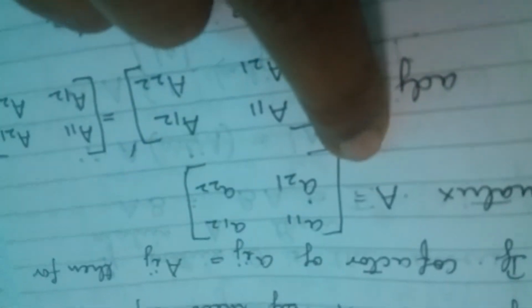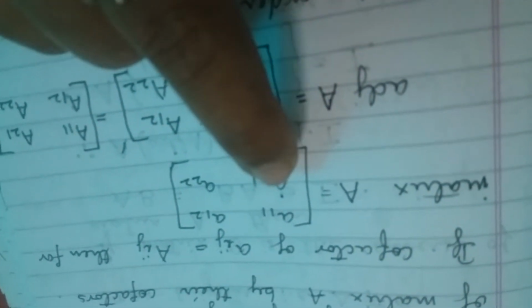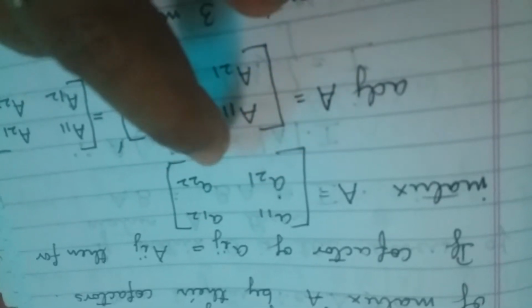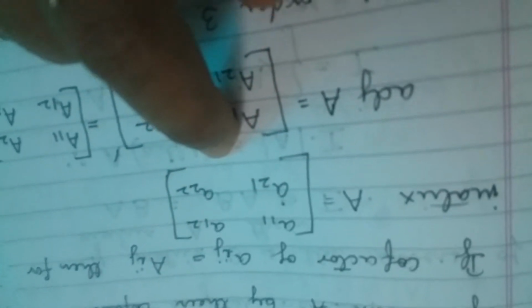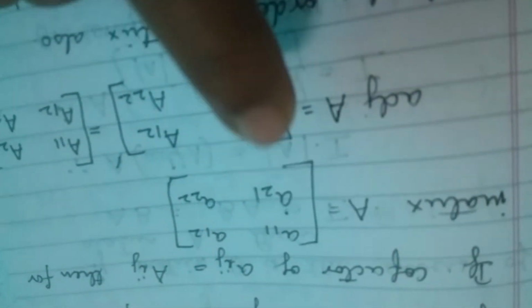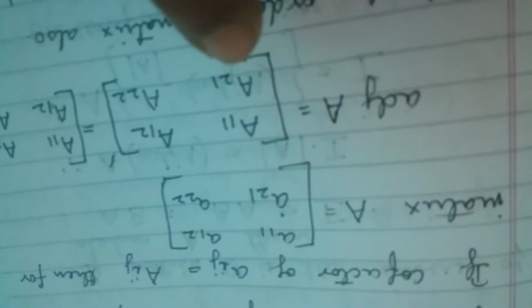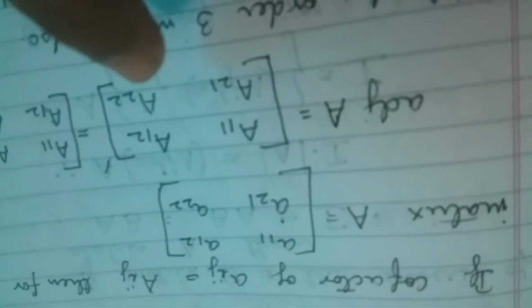Means if the cofactor of Aij is capital Aij, then suppose I assume a matrix A as A11, A12, A21, A22 of order 2. Then the adjoint of matrix A will be equal to, now see, all the elements are replaced by their cofactors: capital A11, capital A12, capital A21, capital A22.